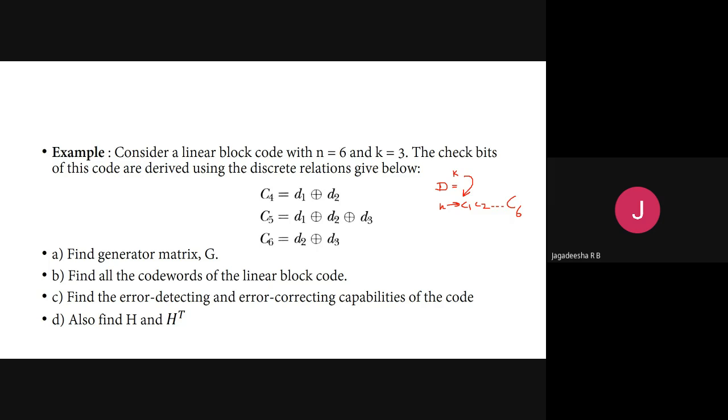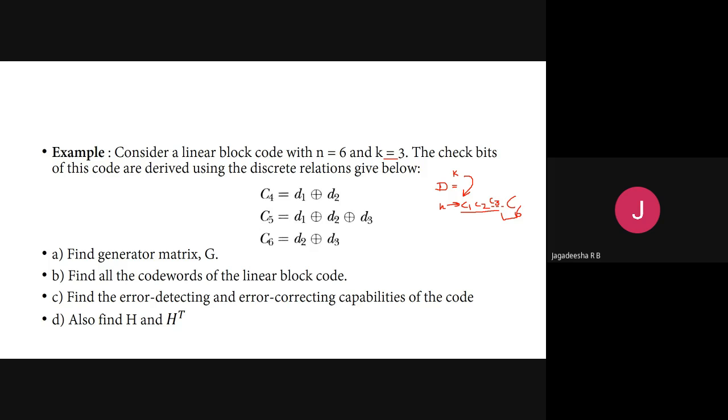That means, since the data bits are 3, because K is 3 here, the first 3 bits in the code word will be the data bits itself. The remaining bits, that is C4, C5, and C6, should be the parity bits.